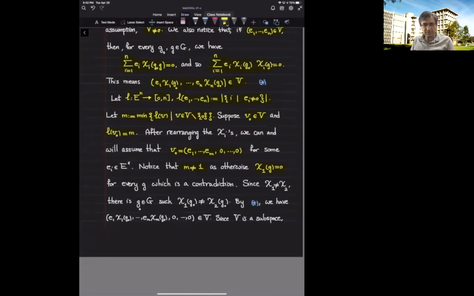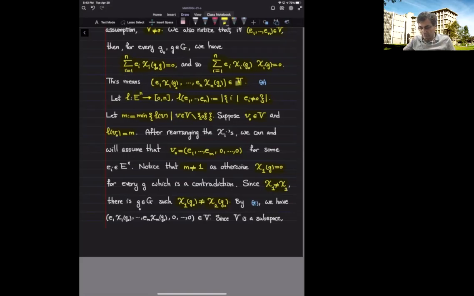That means that I have at least chi 1 and chi 2 involved in this linear combination. Now I'm going to use the fact that they are distinct. Because chi sub 1 is not chi sub 2, they are different at least at some element of the group G. Suppose that chi sub 1 of G naught is not the same as chi sub 2 of G naught. Let's apply this G naught to the vector V naught. What do I mean by that?